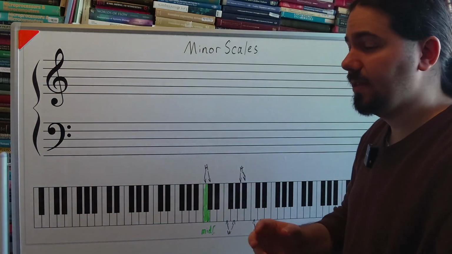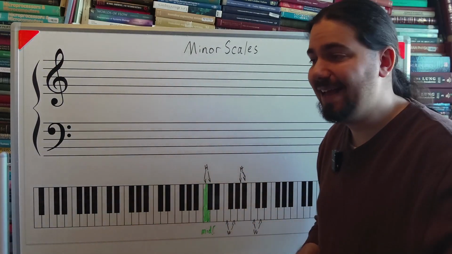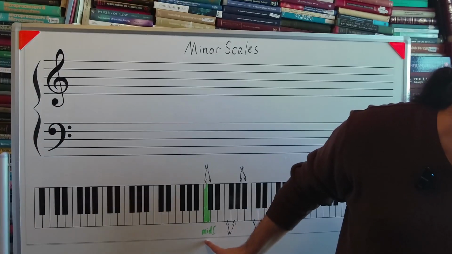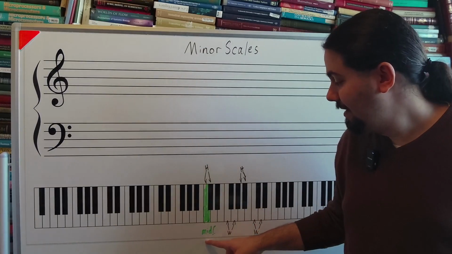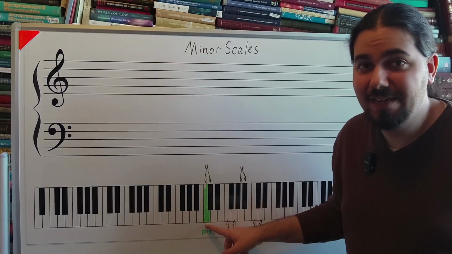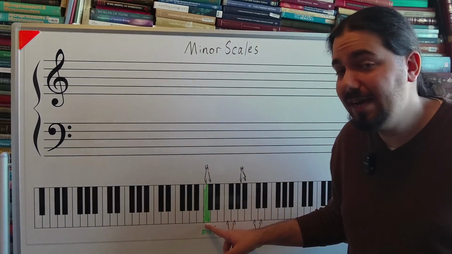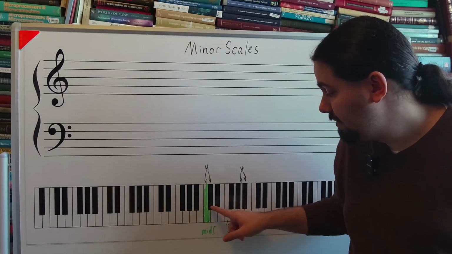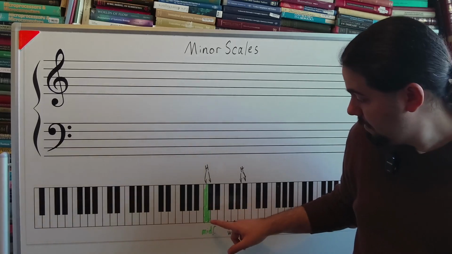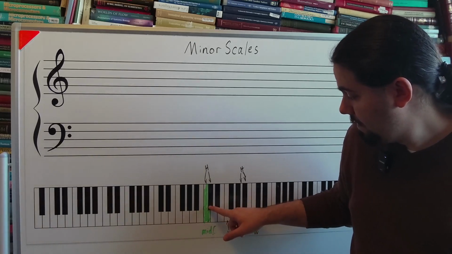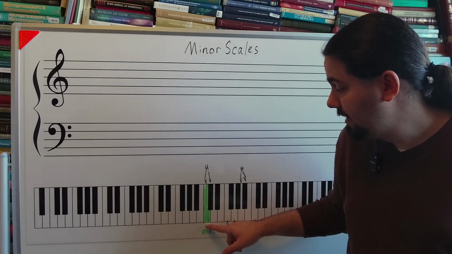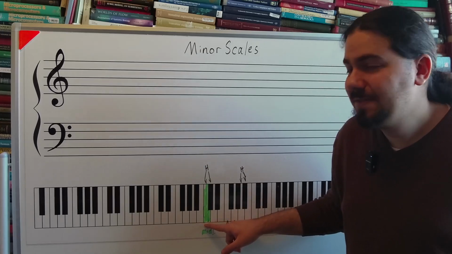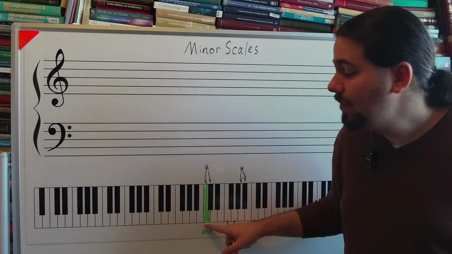So to get started, let's just briefly review whole steps and half steps. Starting from our very special note, middle C, any note that's immediately next to this note is a half step. Now half steps can go up, so from C to C sharp, or down from C to B. A whole step is two half steps.